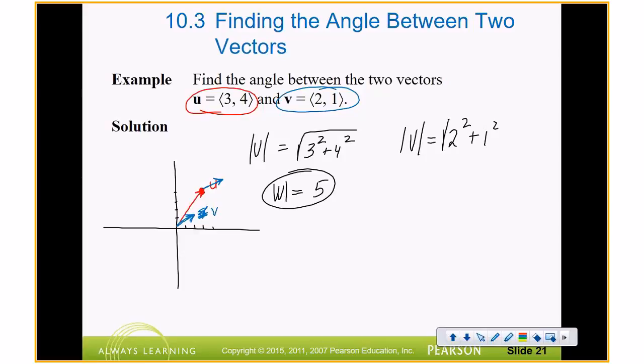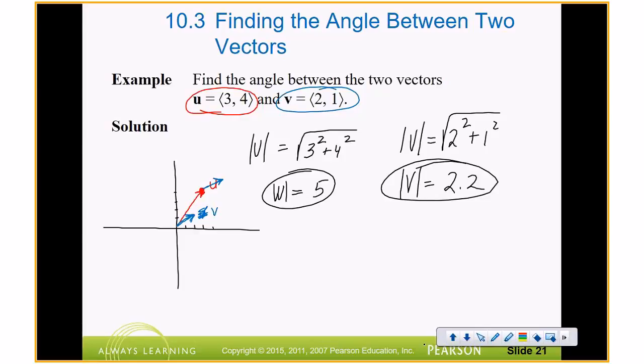That's going to be square root of 5. What's square root of 5? 2.2. Alright, it's 2.2. So there's your magnitude.